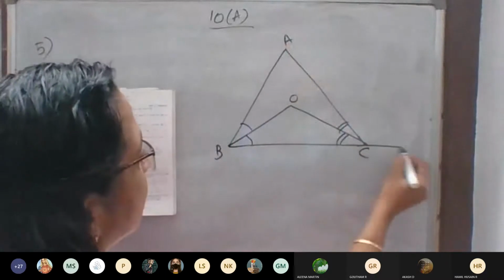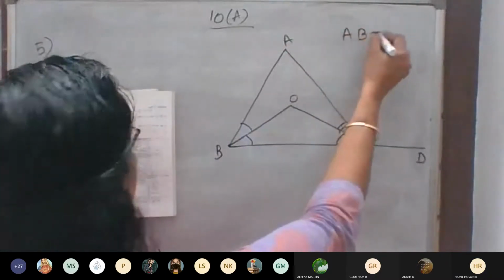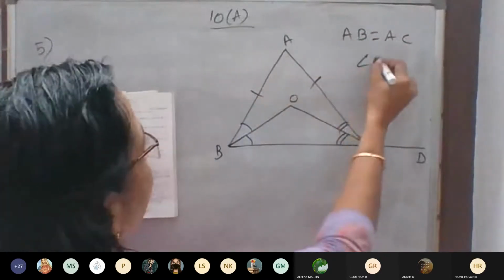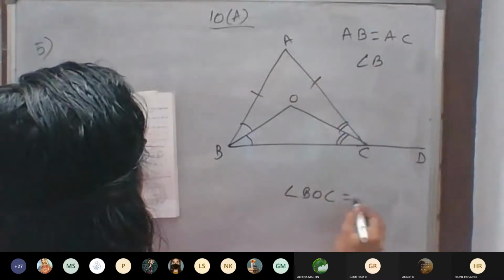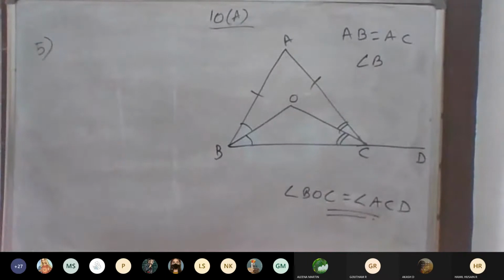A, B, C. Here D. We have given AB is equal to AC. We have to prove angle BOC is equal to angle ACD.